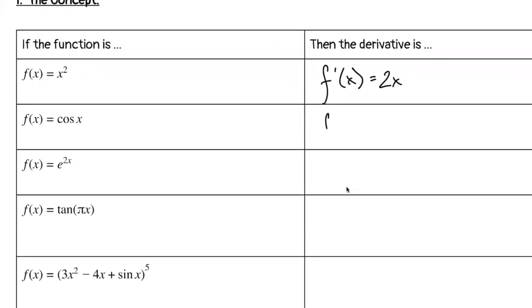That's the derivative of x squared. What about the derivative of cosine? We want to know that that's negative sine x. What about the derivative of e to the 2x? Well, I'm going to highlight this because I think it's really valuable that we remember we want to use chain rule. So we're going to get 2e to the 2x.